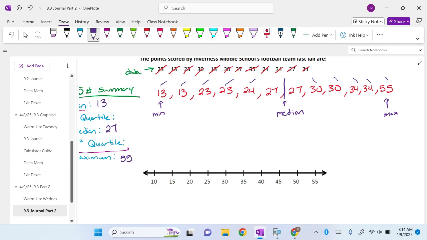So what do I need to do? You're close. You find the median between the min and the median. So we take the median again, but just between the min and the median. So it's almost like the boundaries. So essentially, if we went back and forth, we'd end up with 23 as our first quartile.